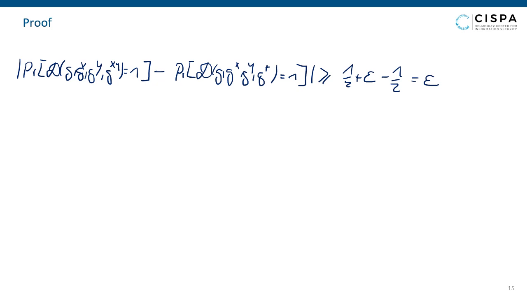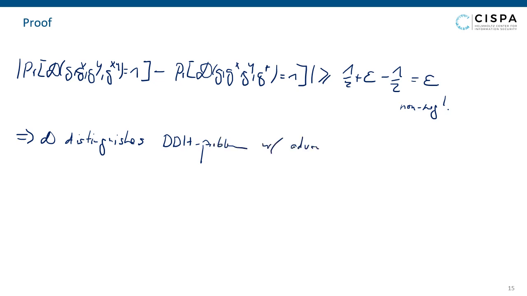And this is non-negligible. Now, of course, this is the desired contradiction that we have against the DDH assumption, right? Now we have that D distinguishes the DDH problem with advantage epsilon. This is, of course, the desired contradiction, which concludes this proof.